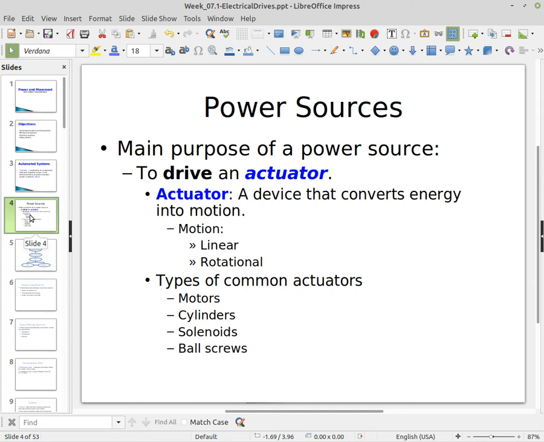An actuator is a device that is converting that energy from the power source into motion. These actuators will typically give us either a linear or rotational motion. Some common types of actuators we talk about are motors, cylinders, solenoids, or ball screws.